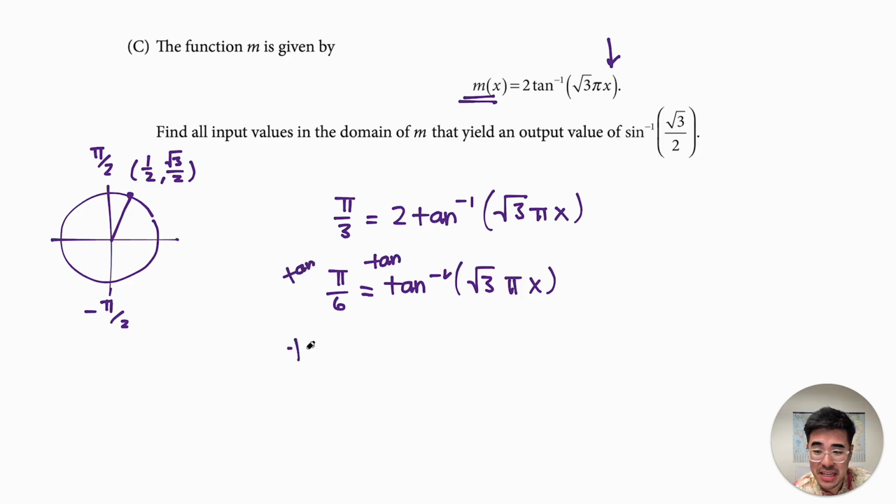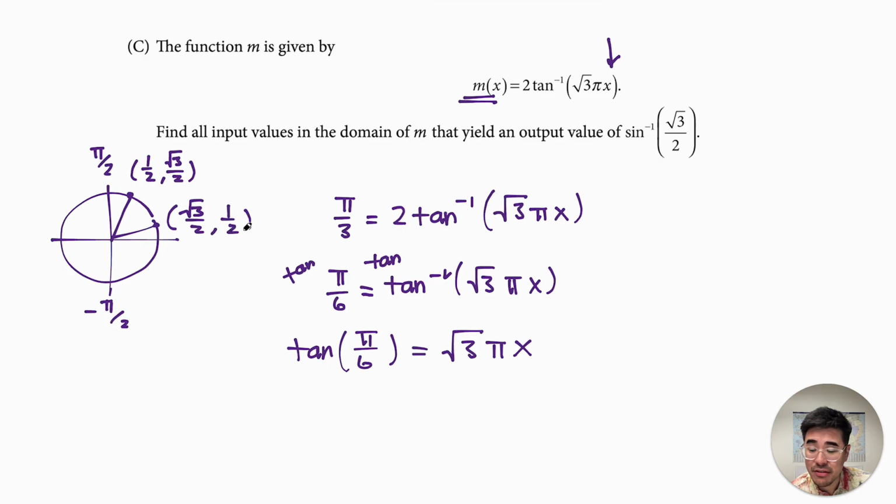So then I get tangent of pi over 6 is essentially equal to root 3 pi x. What is tangent of pi over 6? Well, tangent is just sine over cosine. My sine is 1/2. My cosine is root 3 over 2. So this would be root 3 over 3 is equal to root 3 pi x.